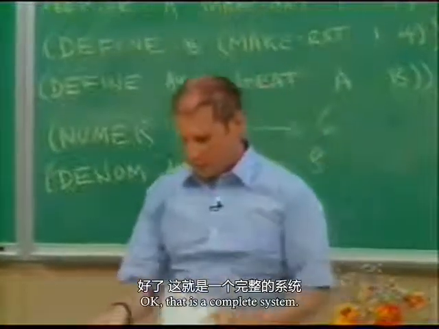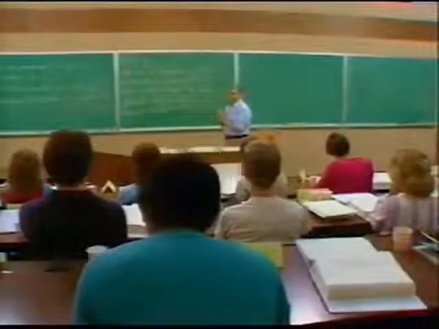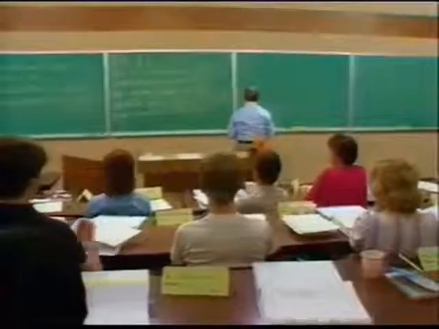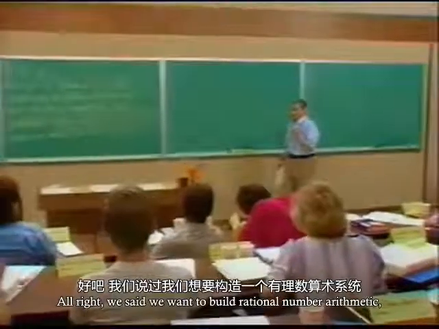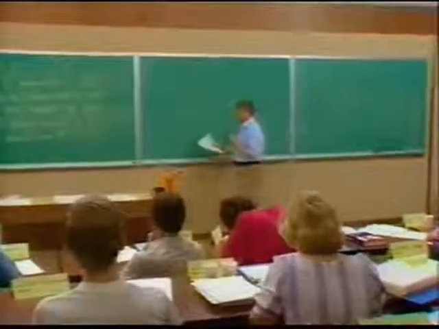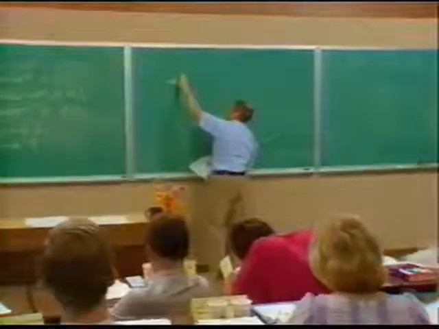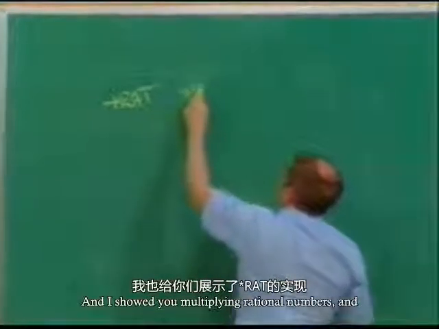Okay, that is a complete system for rational number arithmetic. Let's look at what we've done. We said we want to build rational number arithmetic. And we had a thing called plus-rat. We implemented that. And I showed you multiplying rational numbers.